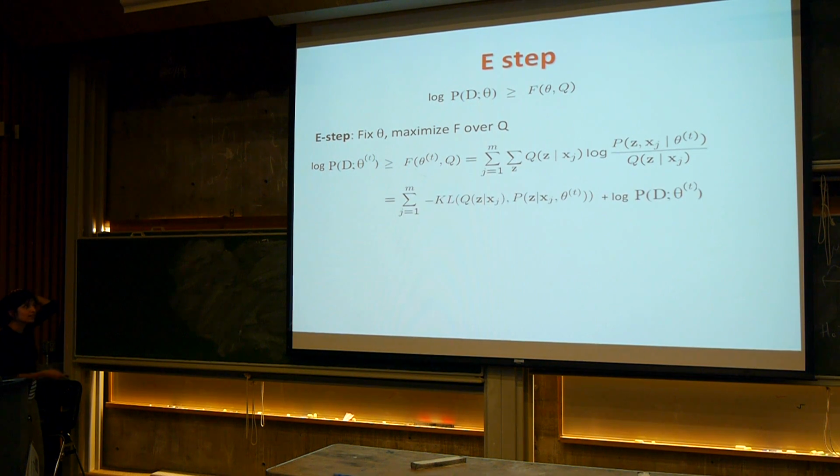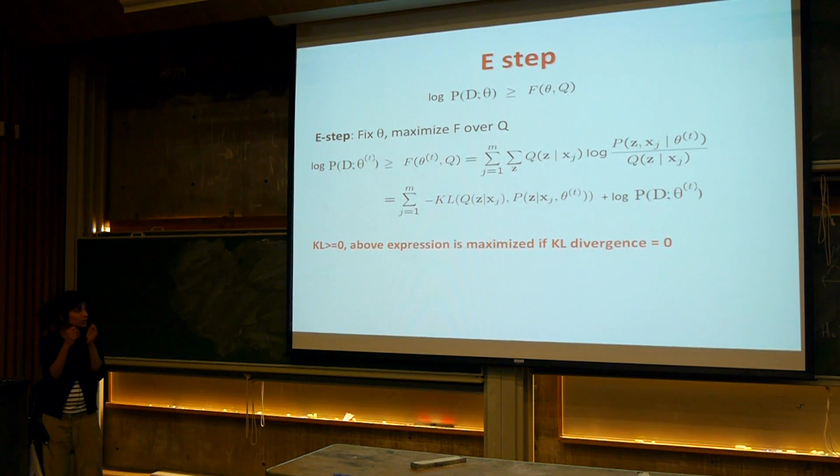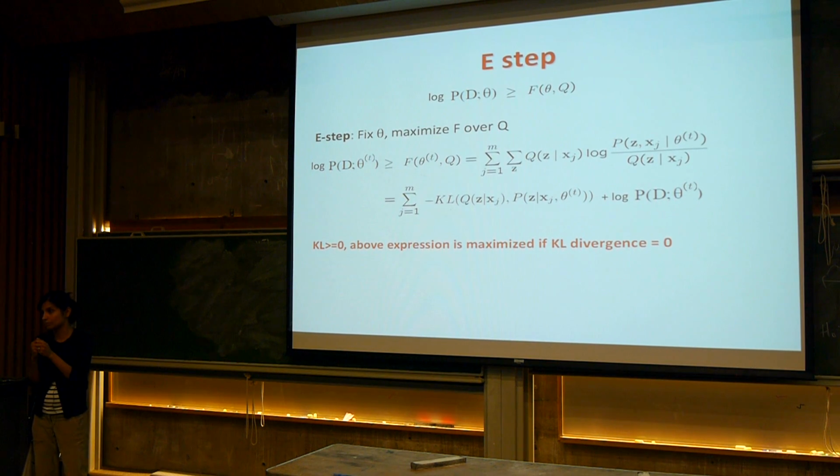Here I've just repeated what we just did. We showed that this lower bound is nothing but the negative of the KL divergence between the two distributions plus the log likelihood of the data. And the KL divergence is always bigger than or equal to 0. It's a measure of how different two distributions are. It's equal to 0 if both the distributions are the same.